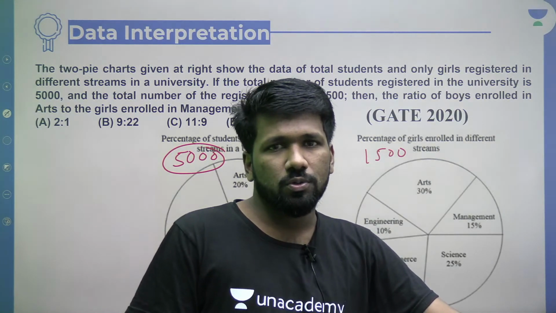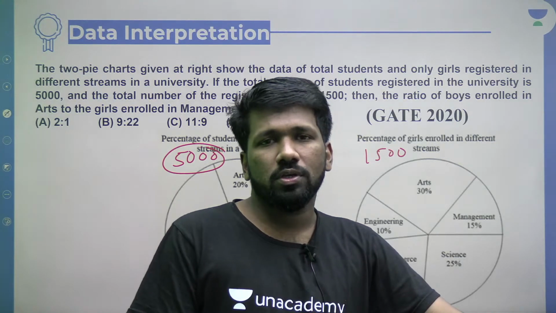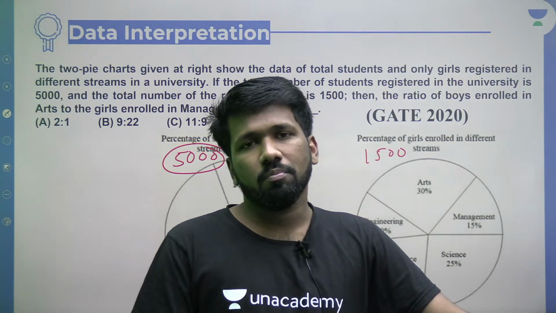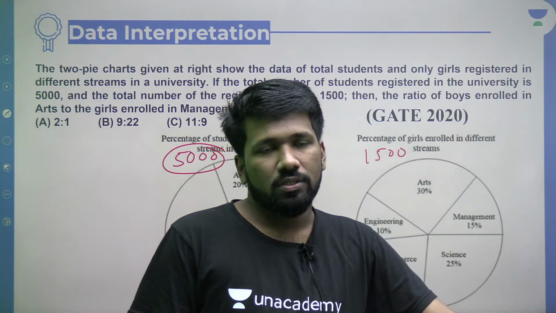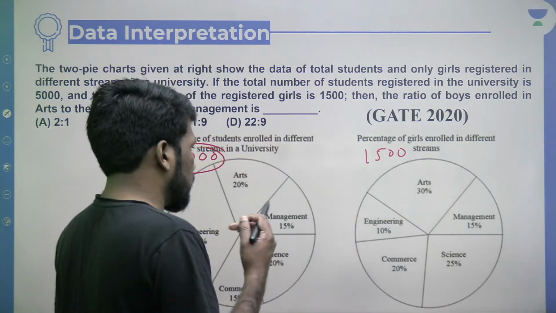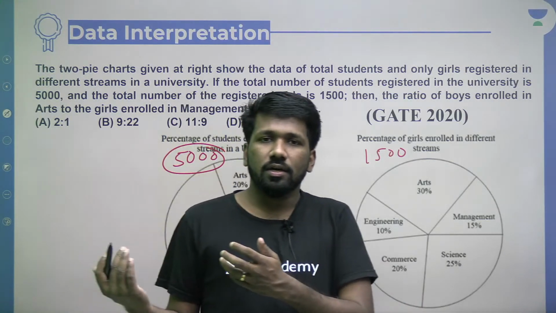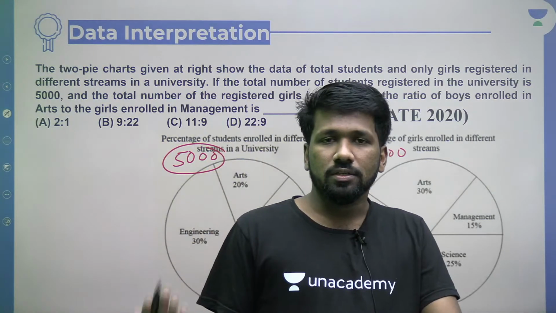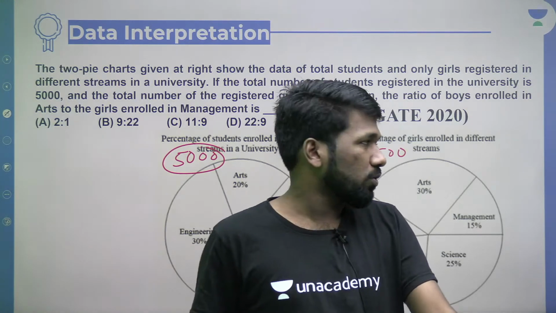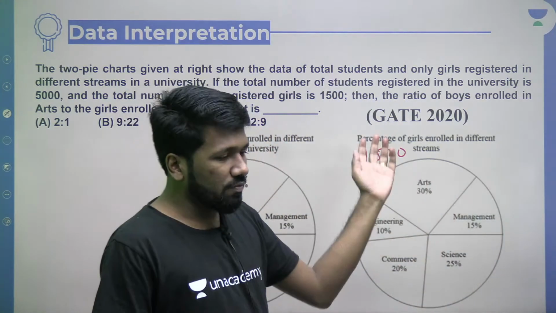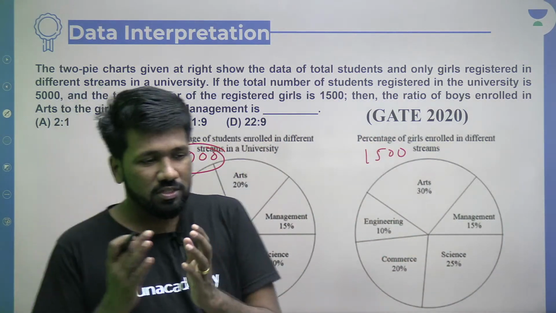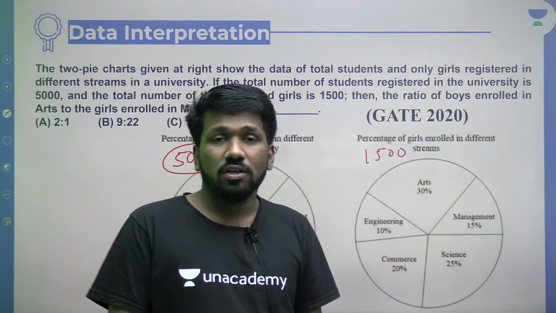So total students, how to find boys out of it? Subtract the number of girls. Nowadays in universities it is not only boys and girls. You can mention transgender also, but the problem with competitive exam questions is that they still consider only 2 genders.